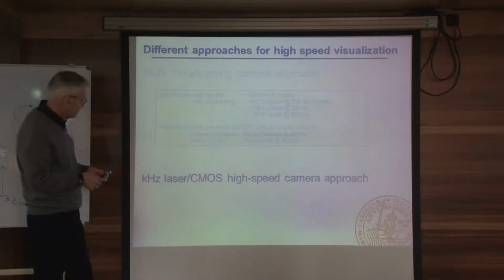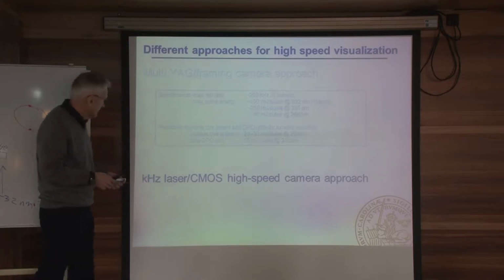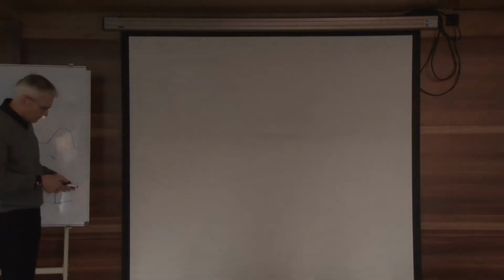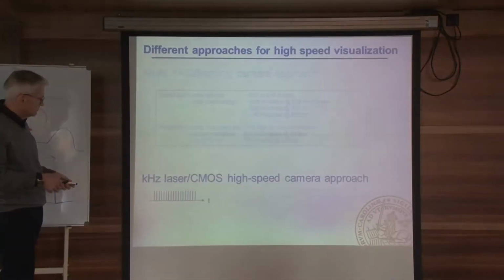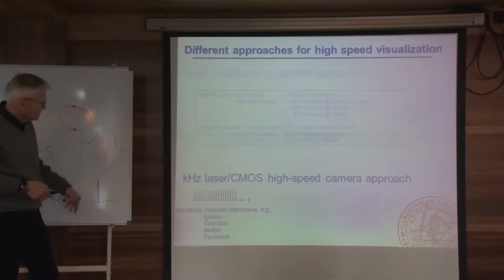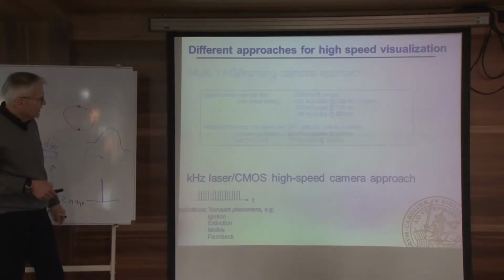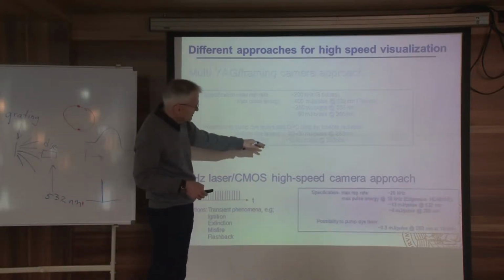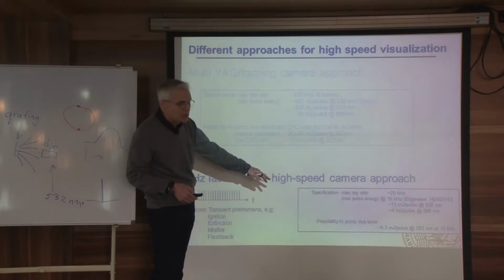And then you can also do this nowadays with kilohertz lasers, which is good for when you study transient phenomena: ignition, extinction, misfire, and flashback. And as I said yesterday, the price you have to pay here is that the pulse energy is much lower.